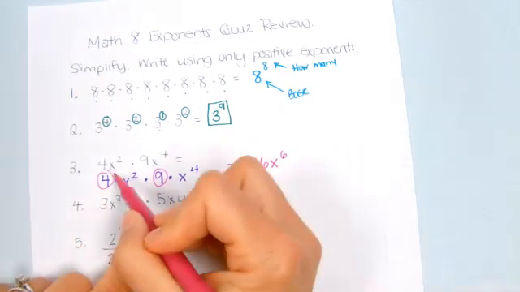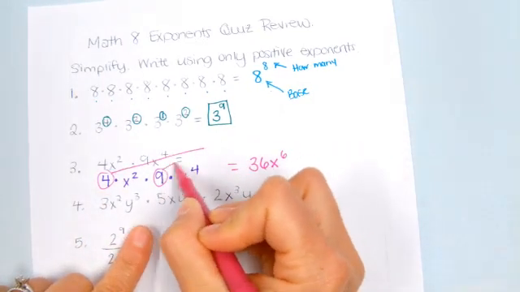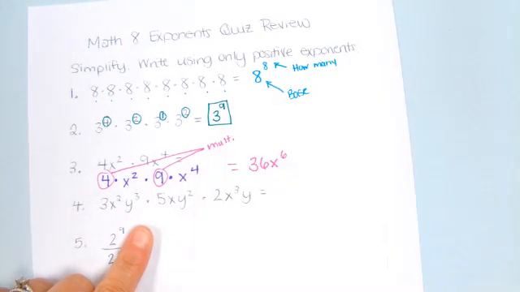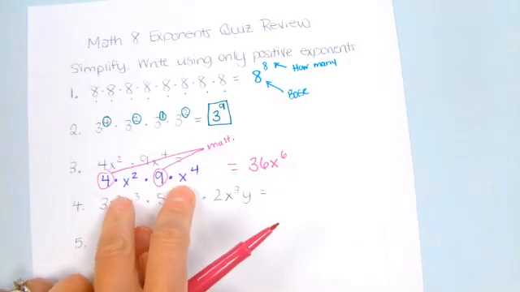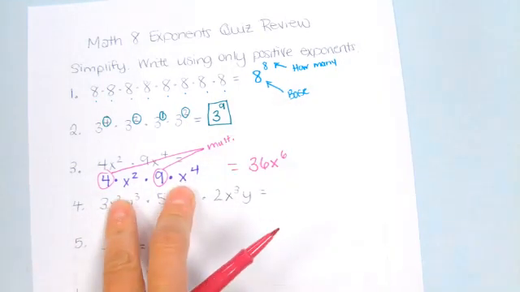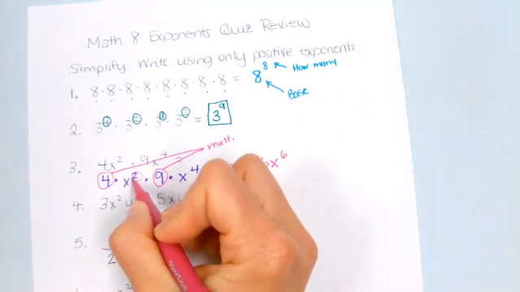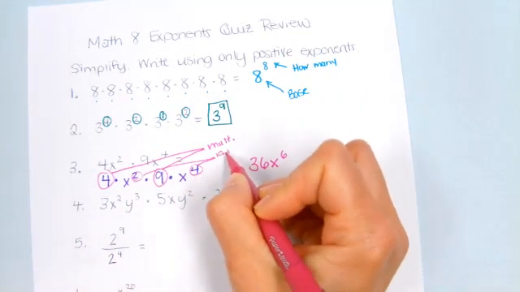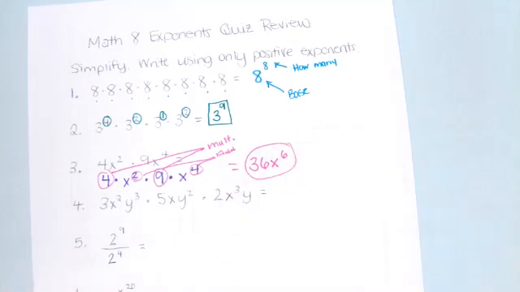So if you're writing yourself a note, maybe you write this, that these get multiplied, right? We keep the x on there and add our two exponents of 2 and 4. So this is my answer for this one. Okay. Next.